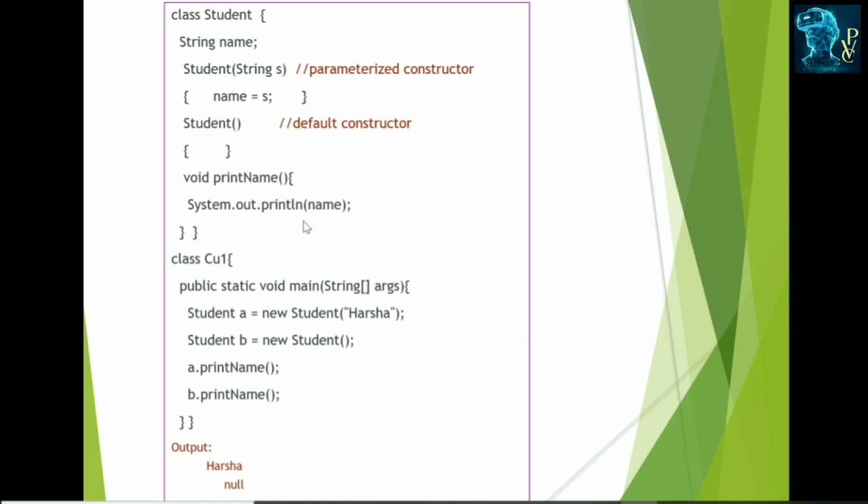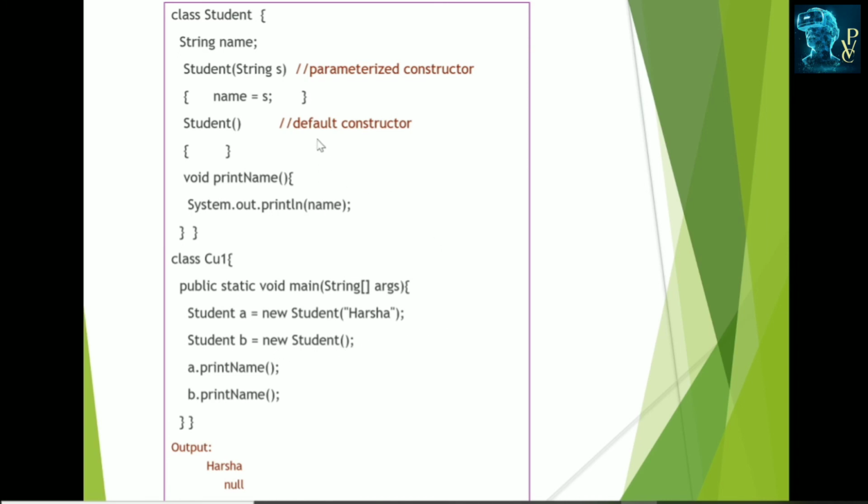Here, class Constructor1, public static void main, student object 1 is A and another is B. First we pass the student name as Harsha, so it invokes the parameterized constructor, and another object is created without passing any argument, so it invokes the default constructor.